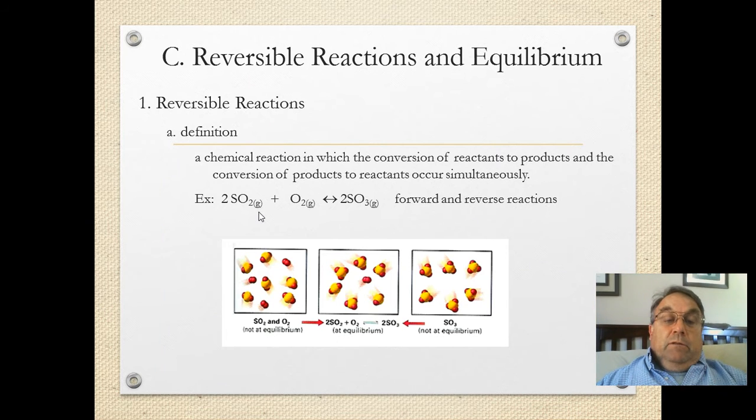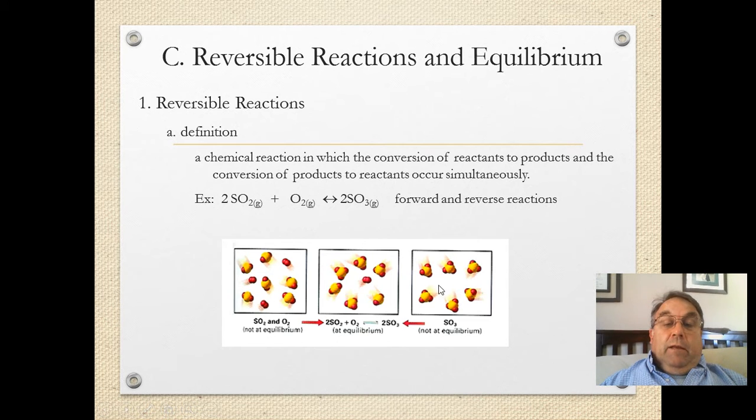Okay. So if we look at this illustration here, we have sulfur dioxide combining with oxygen to produce sulfur trioxide, and the breakdown of sulfur trioxide into sulfur dioxide and oxygen.